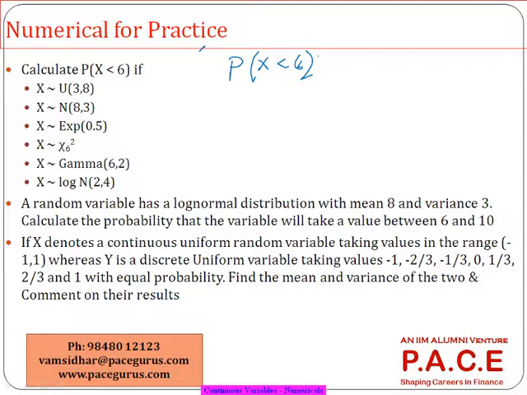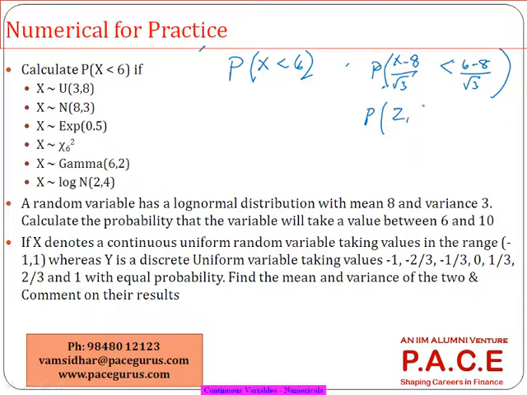So it's as good as saying p of (x minus 8) divided by square root 3 less than (6 minus 8) divided by square root 3. I am doing this minus 8 and divide by square root 3 on both sides. So this is a standard normal distribution now. The left hand side is a standard normal distribution with mean 0, variance 1, which can be referred to in the tables.